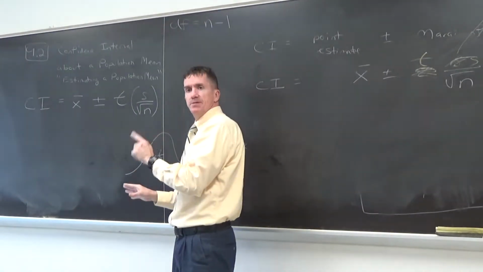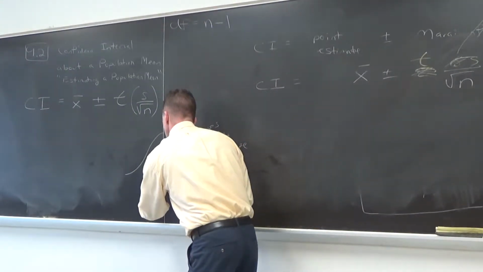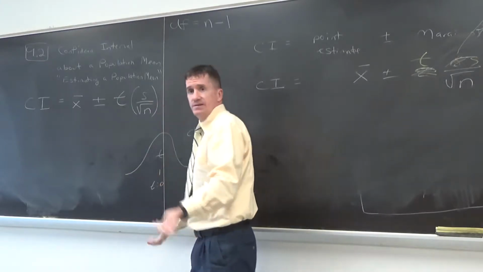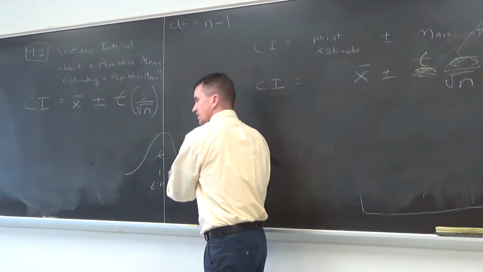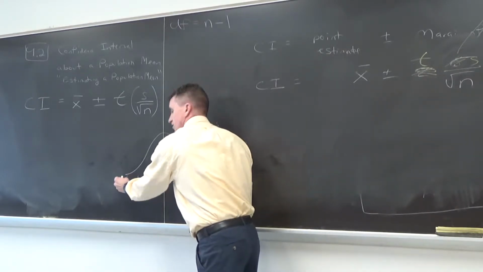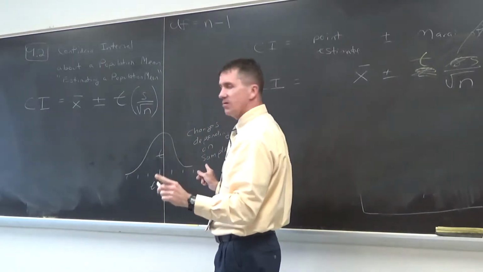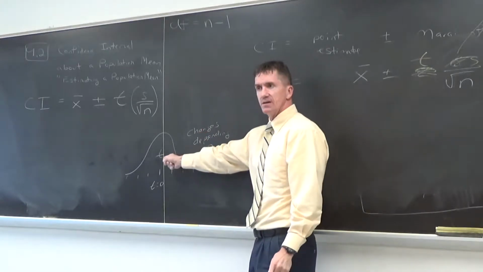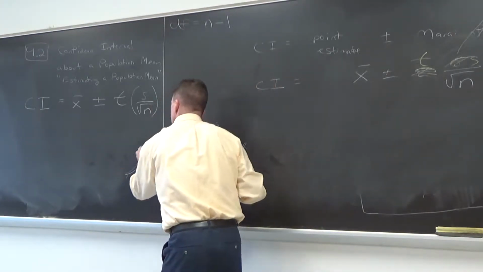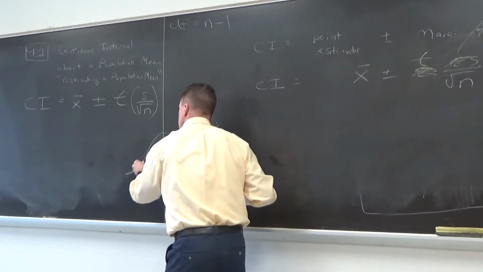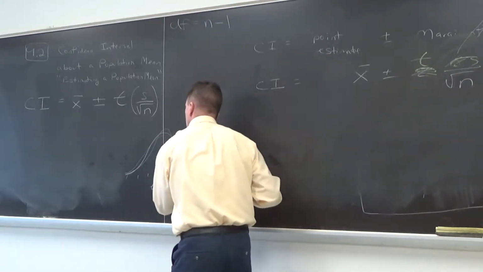It's bell-shaped. In the middle, guess what T equals? 0. Just like Z, T equals 0 in the middle. T equals 1 here, and 2 here, and 3 here, and -1, and -2. But most importantly, in this table, the bell actually changes in shape. It stays bell-shaped, but it keeps changing depending on the sample size.